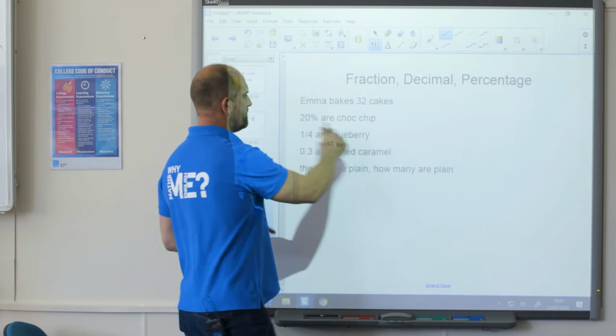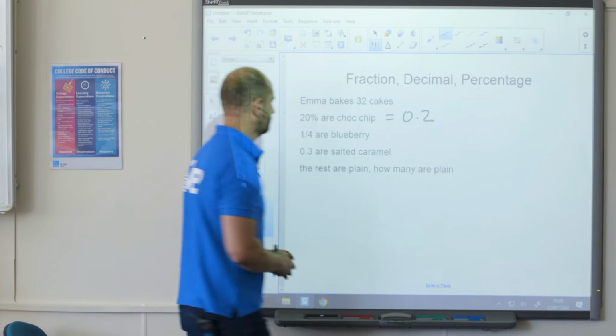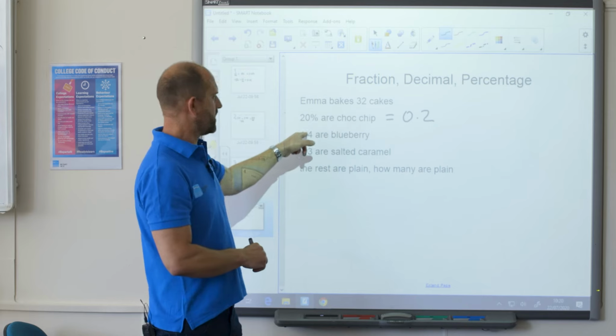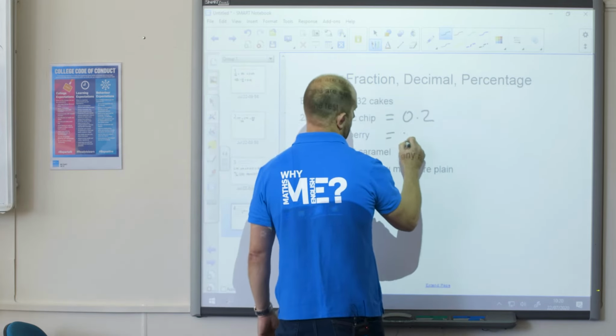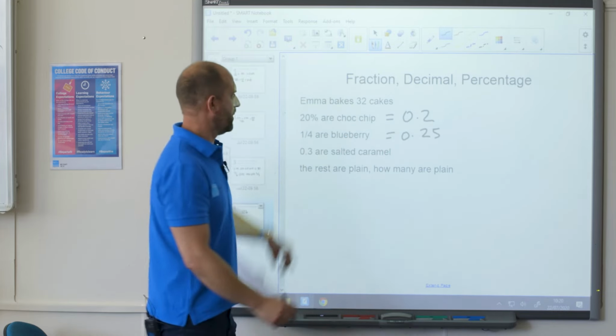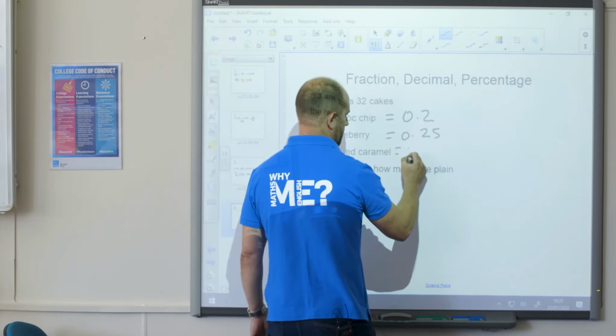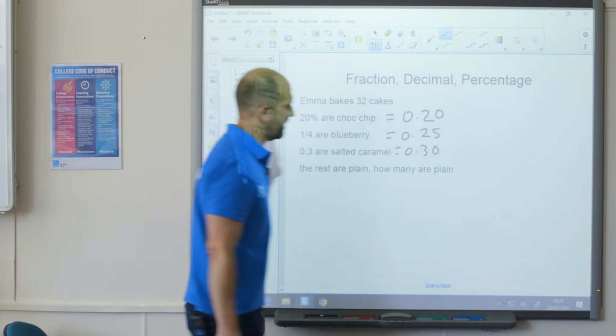Okay, so 20% is the same as 0.2. A quarter then is the same as 0.25, and 0.3 is already 0.3. I'm going to put zeros on the end of those to make them easier.